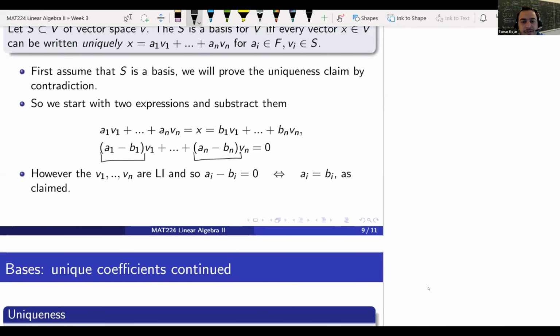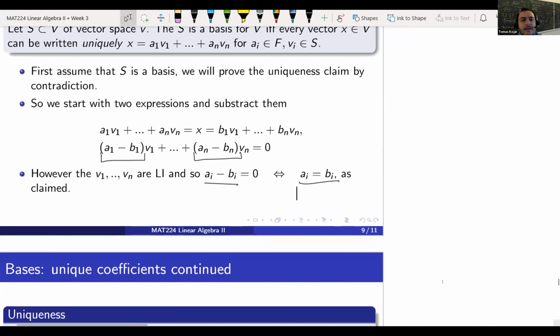Because for this expression to be zero, we require the coefficients to be zero. So we get equality for them. Because if one of them was not zero, it would mean that you can write one of them in terms of the others, right? Linear dependence. All right.